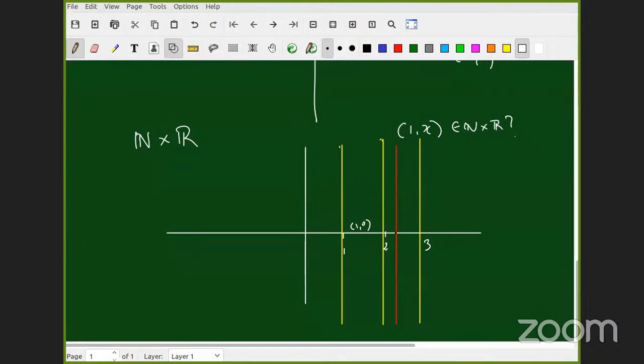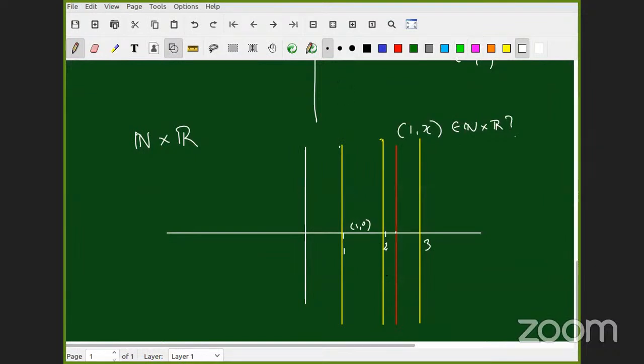Because it does not belong to N. Namely, the first coordinate is going to be a non-integer, not a positive natural number. So therefore, this won't come. Very good. Therefore, I have drawn it in red color. So that's how I have to complete the picture.